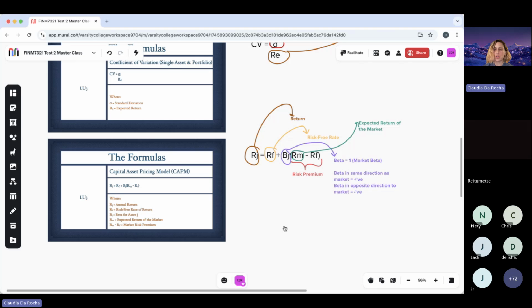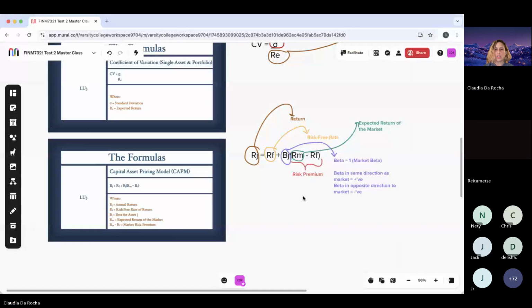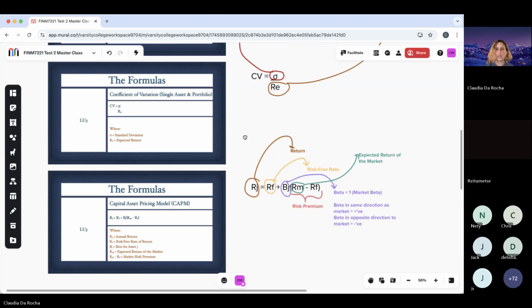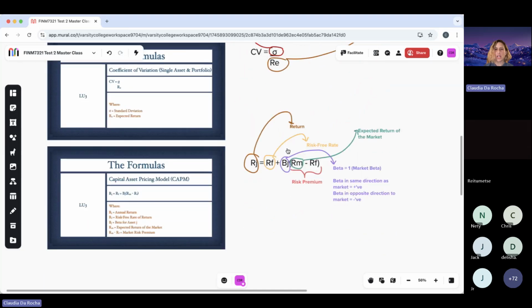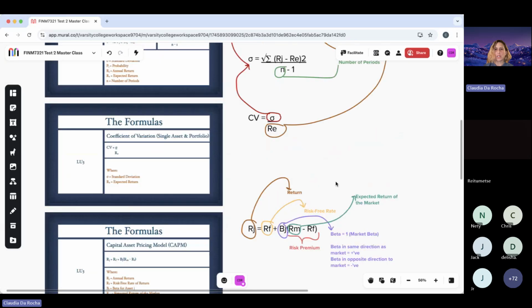Okay. There's a question, what does the RN stand for? The RN or the RM? Just to check. I think it's RM. Are you speaking to the previous formula? Cool. So let's go to the previous formula.